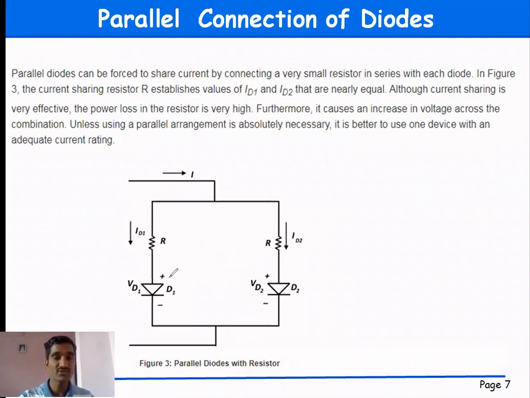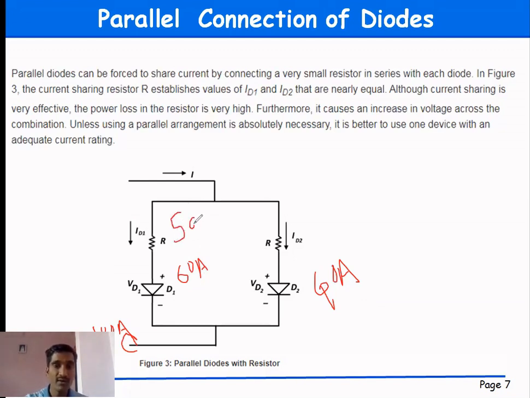In the previous example we have seen that this diode is handling 60 ampere of current, and this diode is handling 40 ampere of current, and the load requires 100 ampere of current. So in the previous case unequal current flowed through diodes D1 and D2, because D1 is carrying more current and diode D2 is carrying less current. So we can make an equal distribution of the current, that means 50.